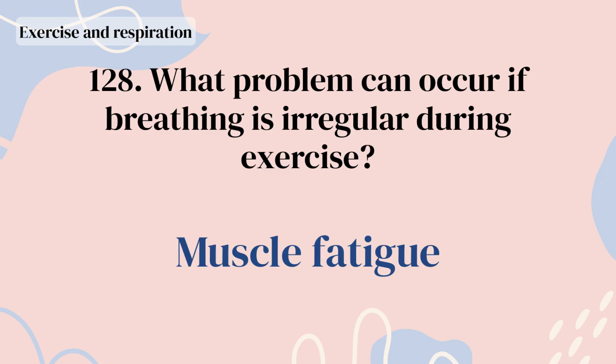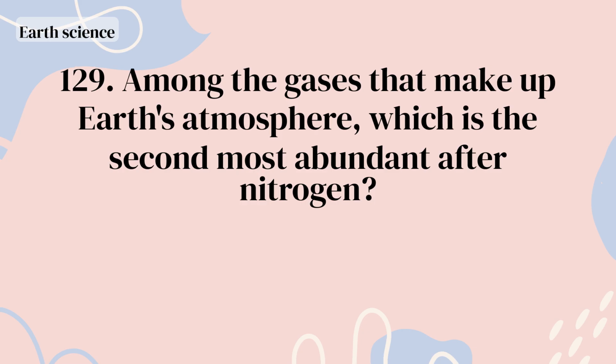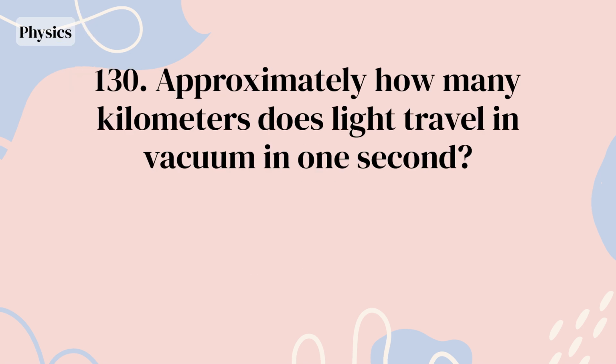What problem can occur if breathing is irregular during exercise? Muscle fatigue. Among the gases that make up Earth's atmosphere, which is the second most abundant after nitrogen? Oxygen. Approximately how many kilometers does light travel in vacuum in 1 second?